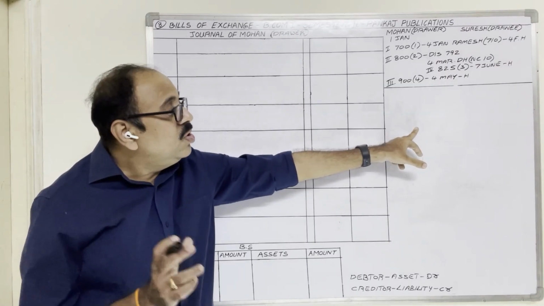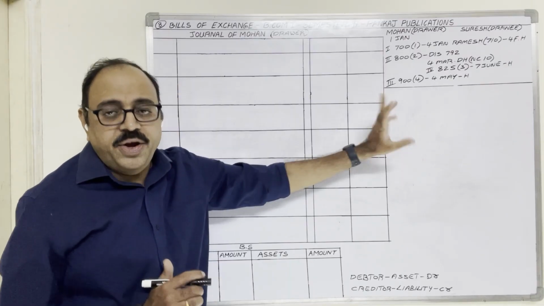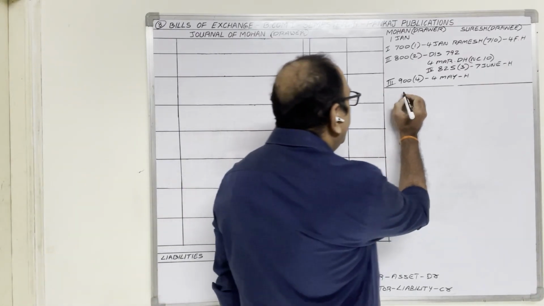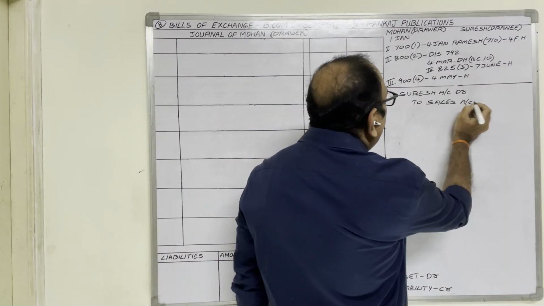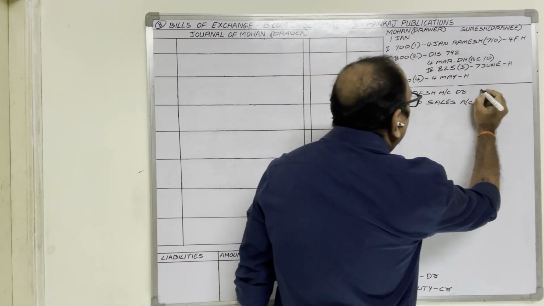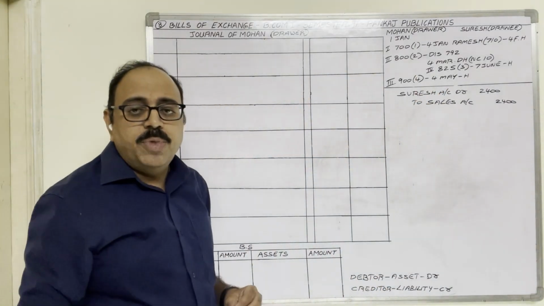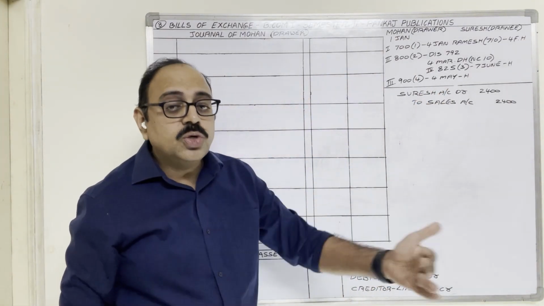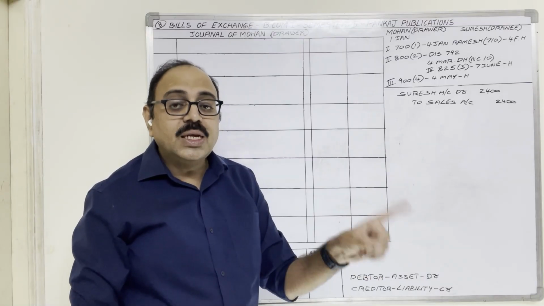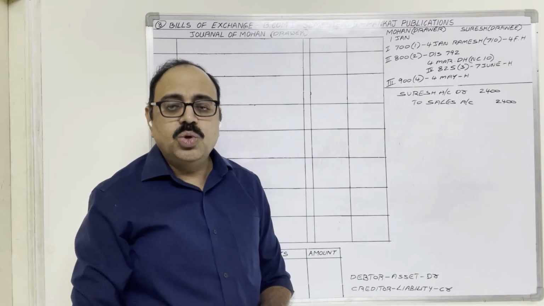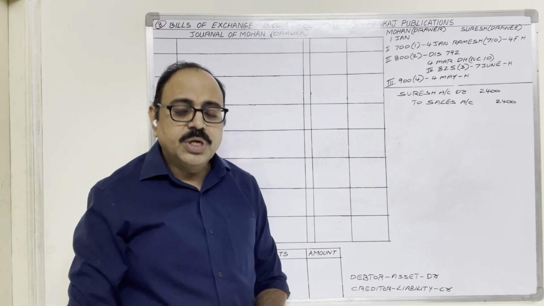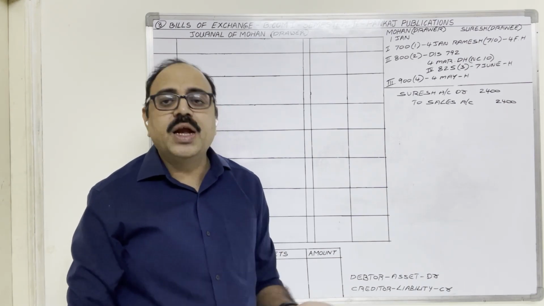Sold goods to Suresh on credit. The entry is Suresh account debit to sales account. The amount is the total of these 3 bills, 2,400 rupees. Why is Suresh account debited? Because Mohan is giving goods to Suresh. So Suresh is the receiver of these goods. Suresh account is a personal account. Personal account rule: debit the receiver, credit the giver.